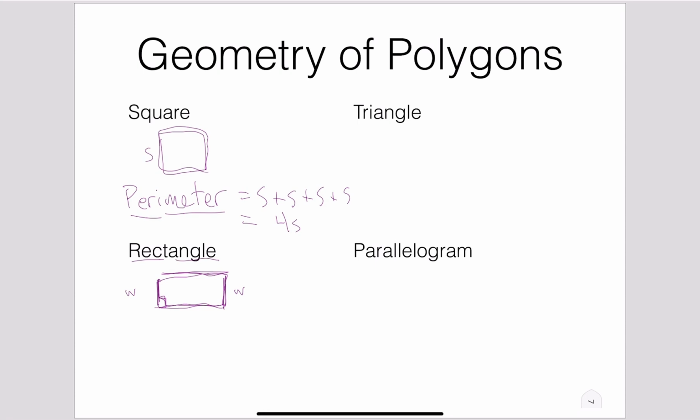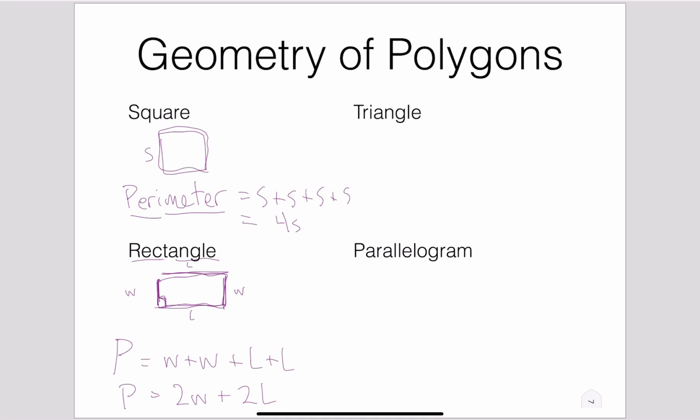And we'll call these L. And so if we want to find the perimeter of the shape the whole way around, we could start by adding the 2 W's, the 2 widths, and then we could add the 2 lengths. Or a simplified version of this, we'll say, oh, that's 2 W's plus 2 L's. That's 2 lengths plus 2 widths. So if you knew just one width and one length, one of the right angle lengths, then you would know what the entire perimeter of the rectangle is.